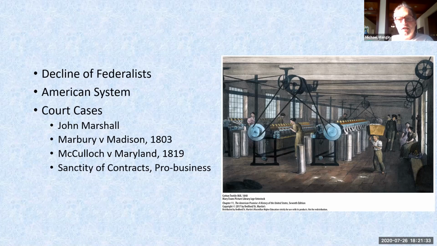The power to tax is the power to destroy. So by asserting national law over state law, the Supreme Court more or less laid the groundwork for the Civil War. And finally, it was a pro-business court.